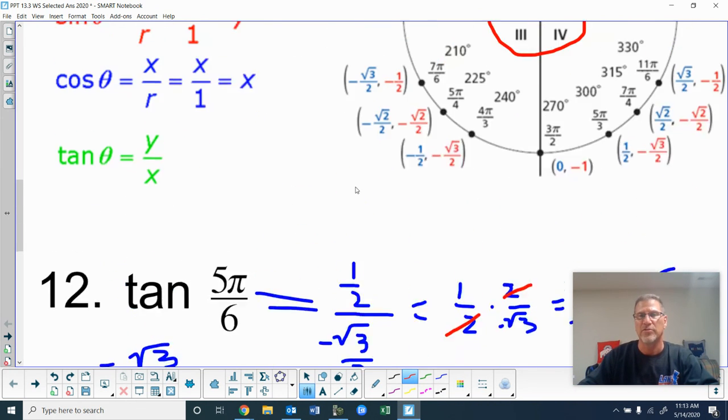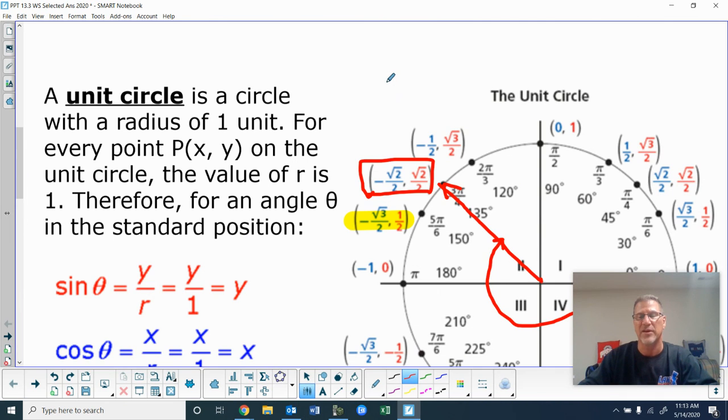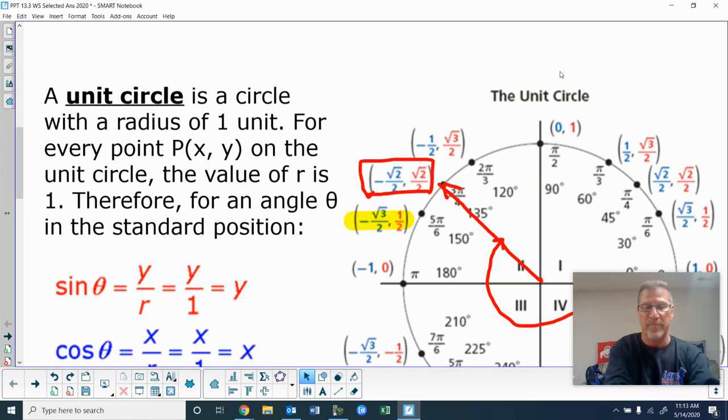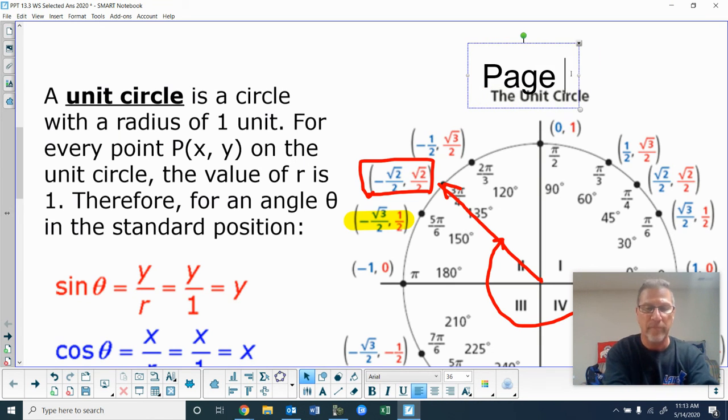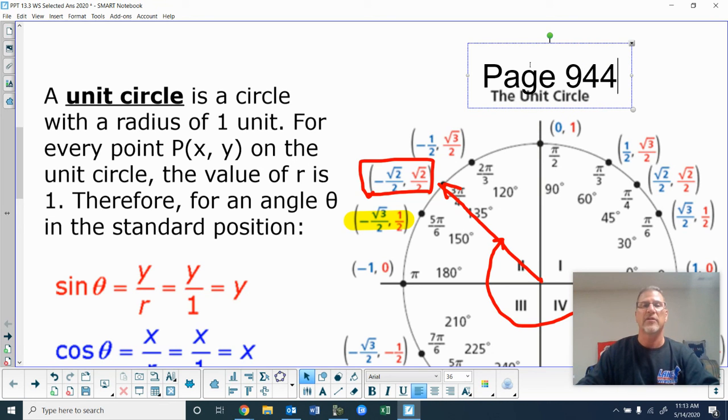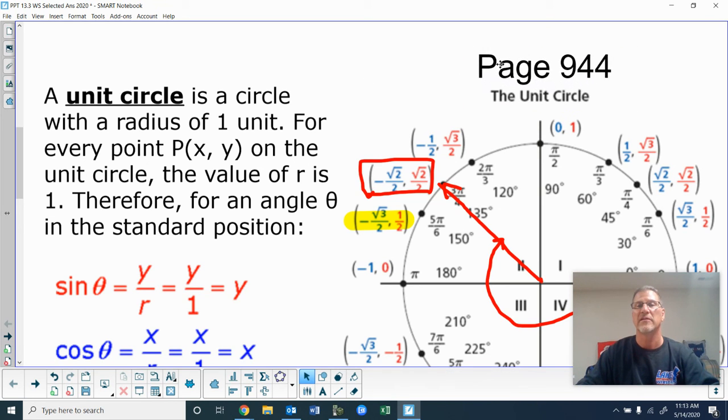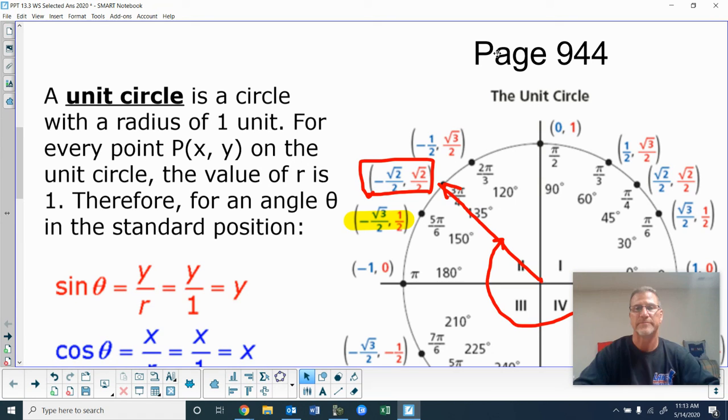So the unit circle picture is on page 944. Okay, that's where I got this slide, from page 944. So you look at that when you do your practice quiz and your quiz.